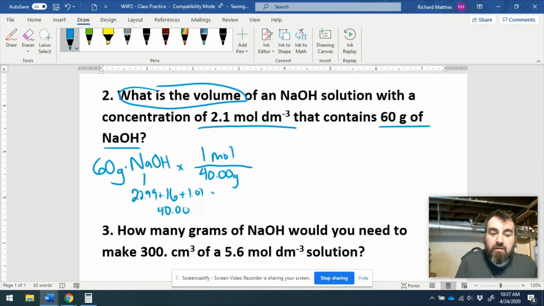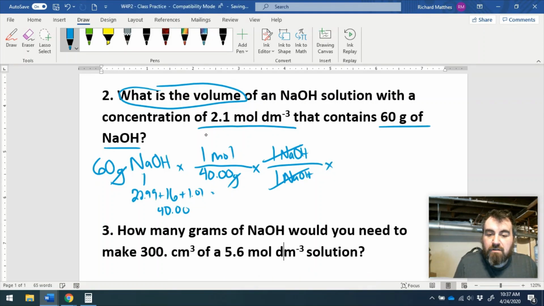So now we've got from grams to moles, all right, but our goal is to get volume. So now we've got 1 NaOH and our mole ratio is 1 NaOH. They cancel out. Nothing happens. Okay, you don't need to do this if you're just doing one substance. It's only when you're doing 2 different substances do you need that mole ratio.